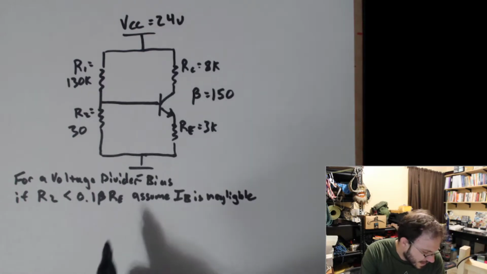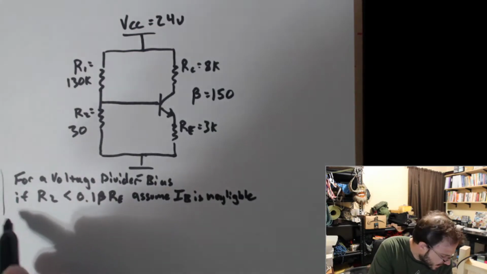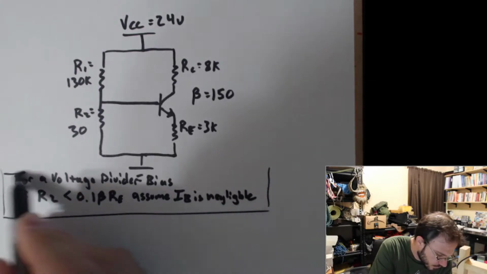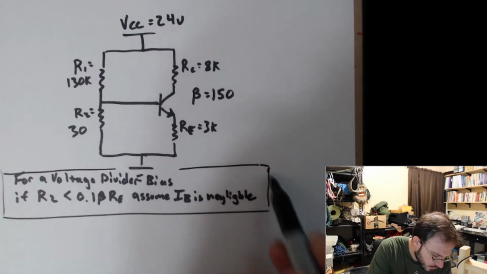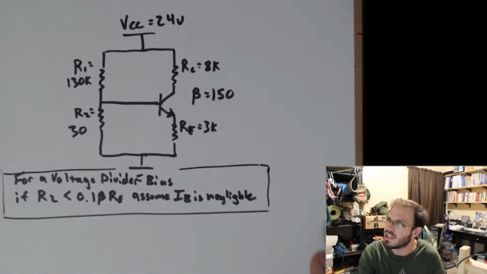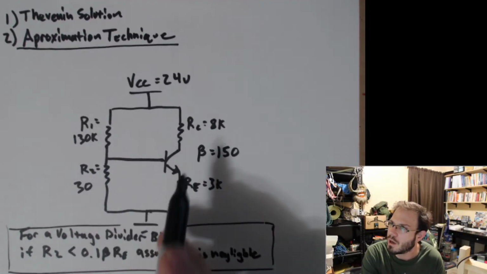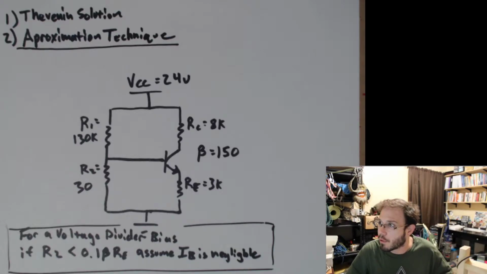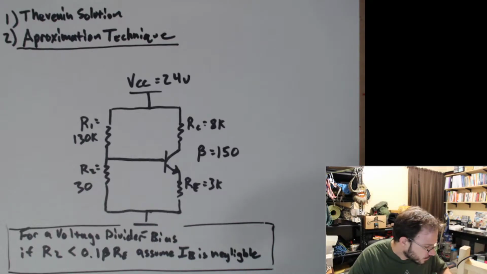So getting back to this, if this is the case, then it's going to give us a much easier time to approximate the Q point for this circuit, or for approximating our operating parameters.